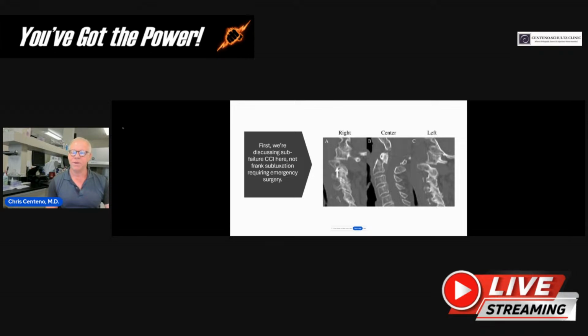And that's an important thing to understand, meaning that we're talking about the vast majority of CCI patients that are out there. They've got some laxity in the upper neck ligaments that's causing big symptoms. And then they are determined to have craniocervical instability based on one of these measurements. Very different from a patient who gets a massive trauma, shows up to the emergency room with their head falling off, quite literally, and gets emergency surgery.